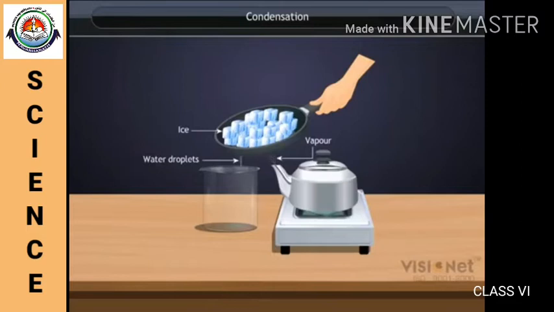When steam comes in contact with the pan having ice, it cools and condenses to form droplets of water, and it is collected in a glass beaker. Hence, we can separate water from salt by using the method of condensation.